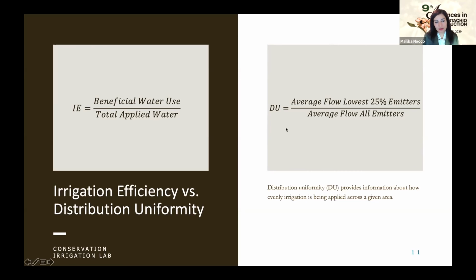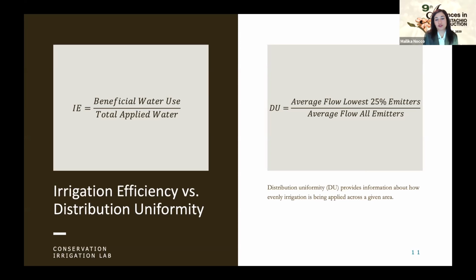So we measure distribution uniformity for a single field. And that distribution uniformity is the average flow of your lowest 25% of the emitters in one grid versus the average flow of all of the emitters. And I'm going to talk a little bit more about this, just because it is so important. It's really, how do you ensure that you have an even application across a given area?